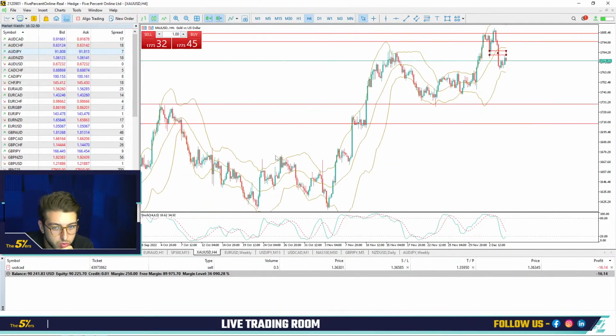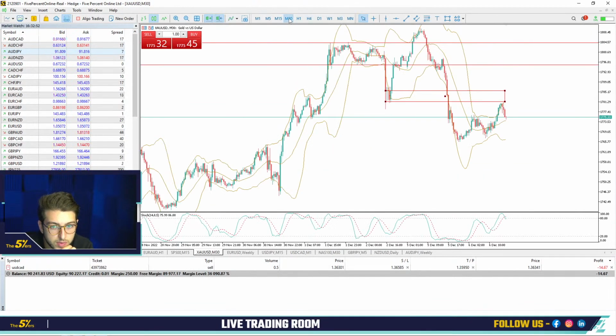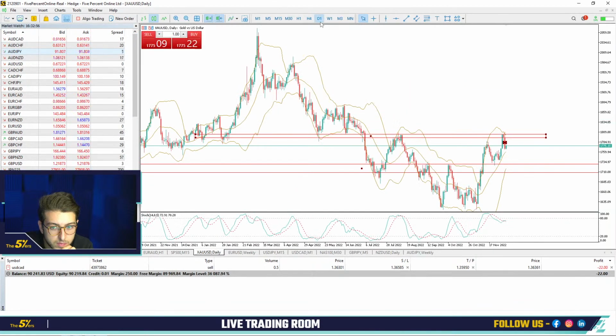Gold. Yeah, so I explained yesterday during my weekly forecast that this zone, which is the 1,800, is a key zone for already more than, let's say, a year.